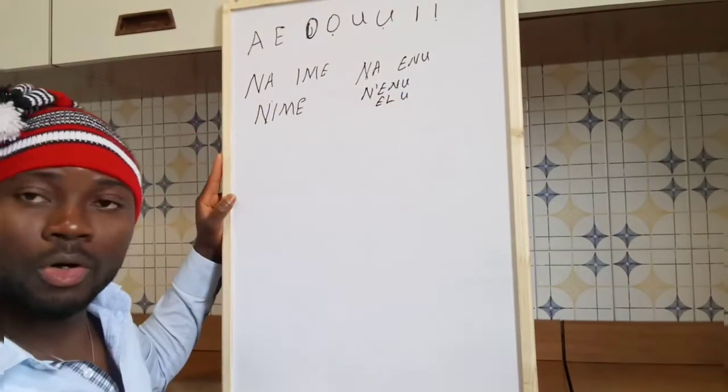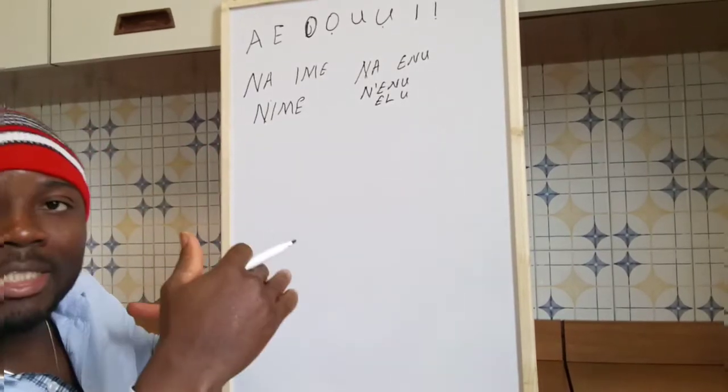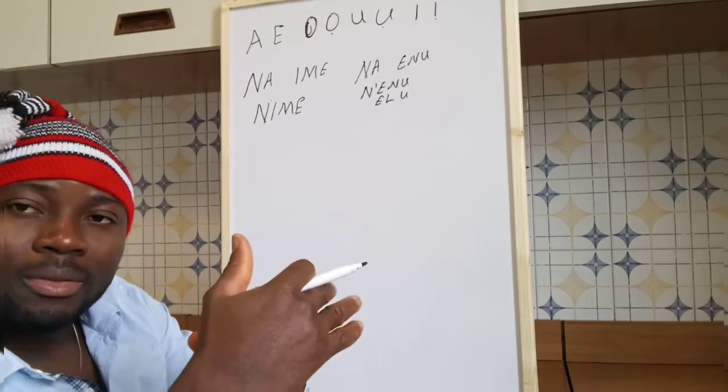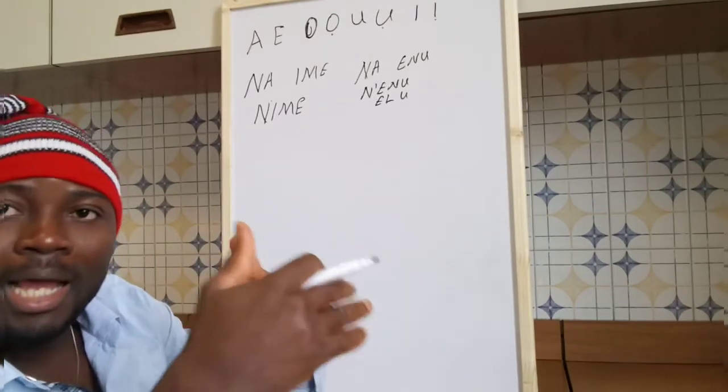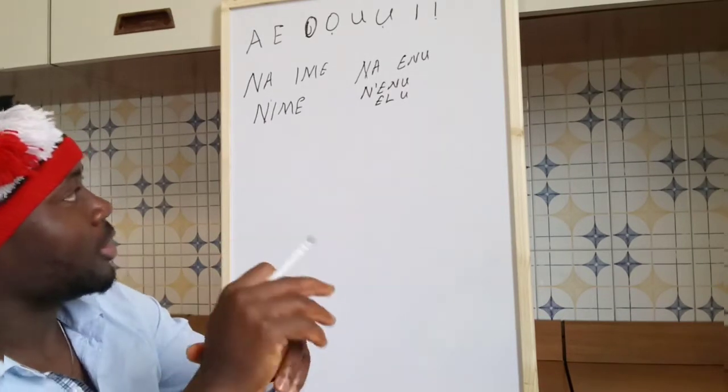The same thing, correct. I'm going to teach you guys so many other Igbo words that are pronounced differently, but they mean the same thing. Because in Igbo, we have different dialects. All of them are the same at the end of the day.